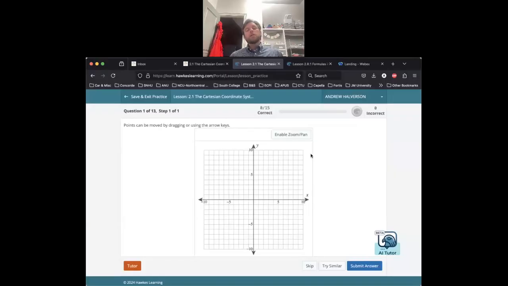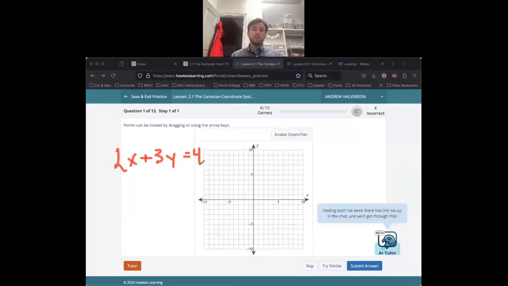The Cartesian coordinate system is a way we can turn an equation, something like 2x plus 3y equals 4, I'm just making something up, into a picture. We want to take an equation sometimes and see what it looks like, because there are some cool things you can do with pictures.